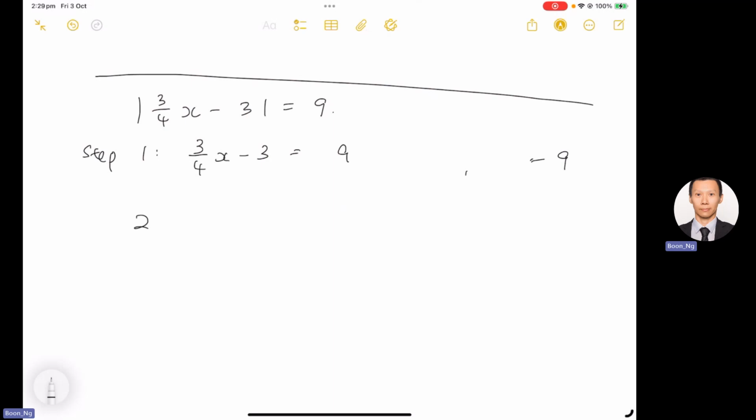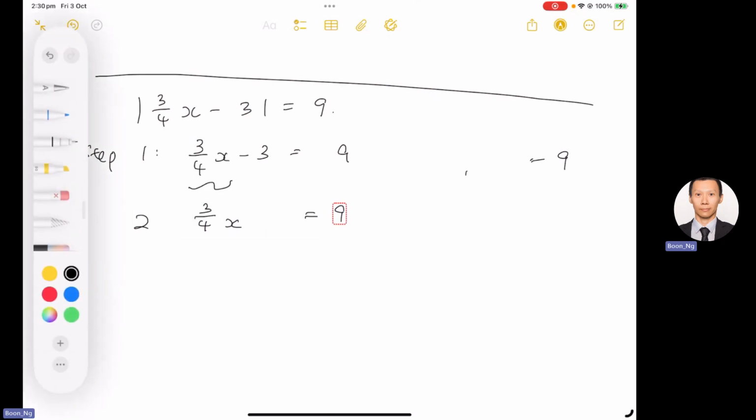Step 2, we hold the unknown on one side, which is this one, and then 9, and move this negative 3 to the other side.